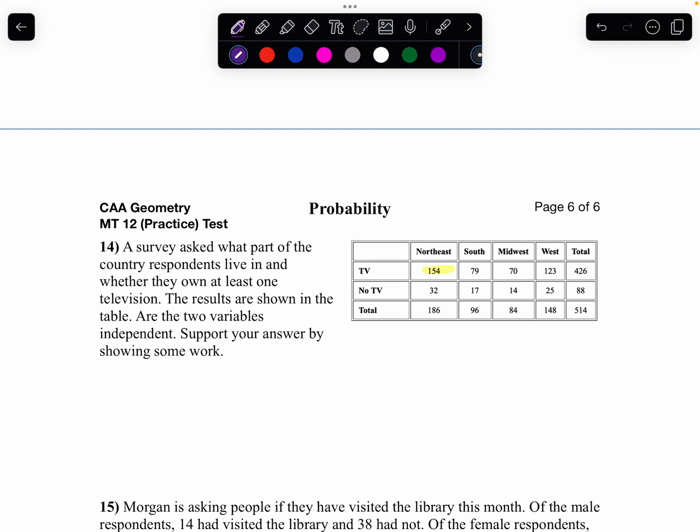So to be independent, the probability of being from the Northeast and watching TV or having a TV, if it's independent, that'll equal the probability of having a TV times the probability of being in the Northeast.